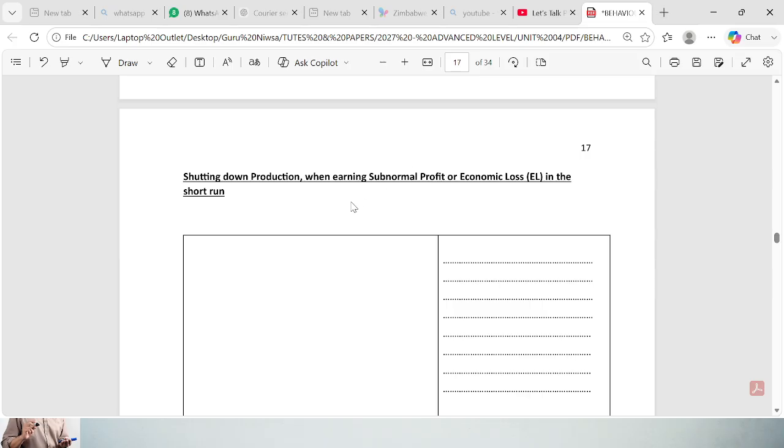If the market price is less than the average variable cost of production, the firm should shut down its operation. There is no point to continue operation any longer if the price is not enough to cover even average variable cost.